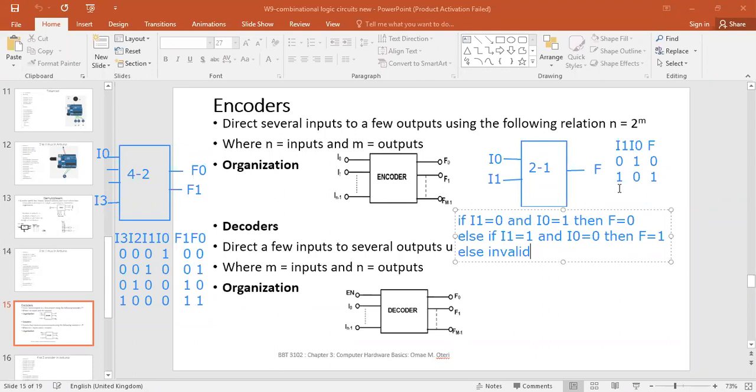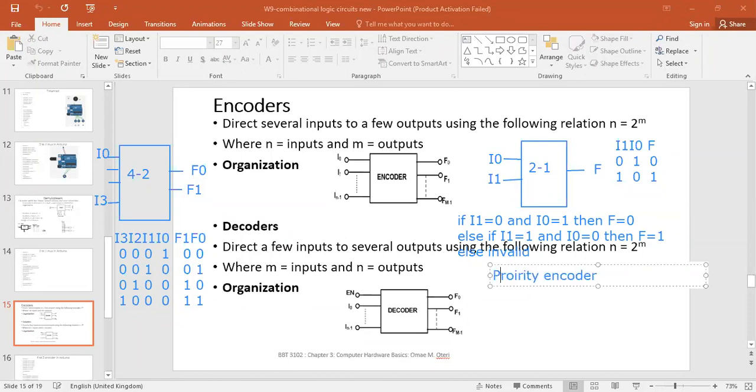You prioritize. You can take one of the inputs to be higher priority, and that's the one which will come out. So a priority encoder can be used to take care of those cases where you have 2 inputs active at the same time.